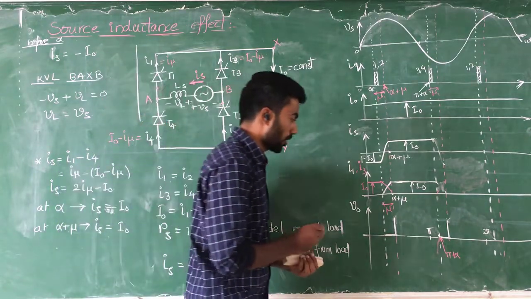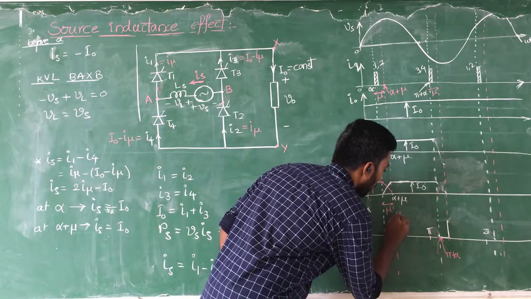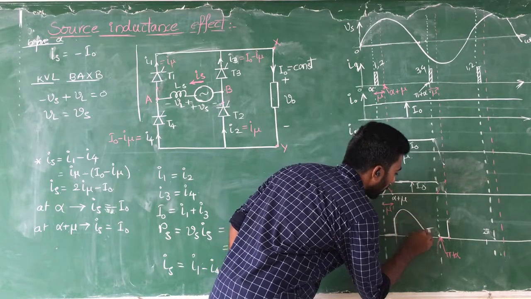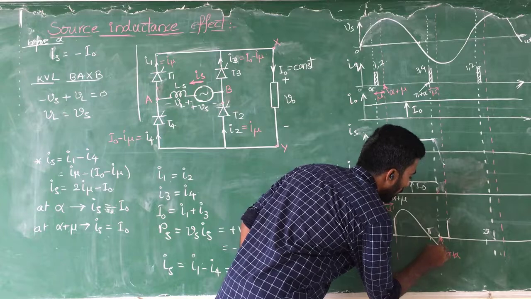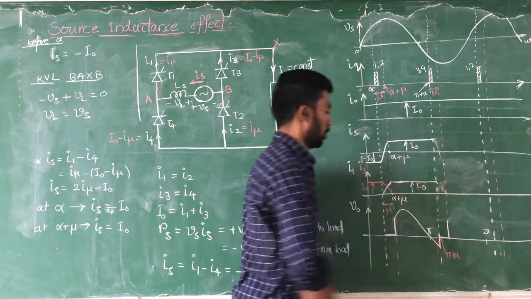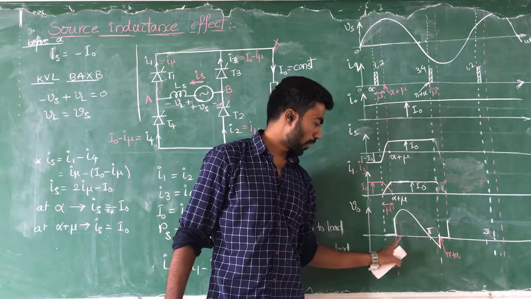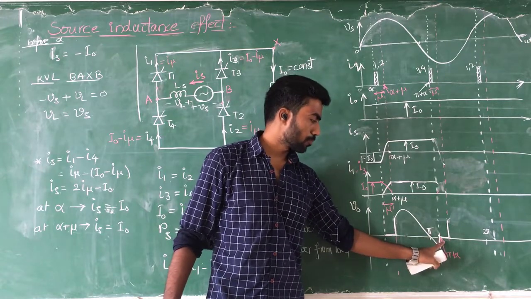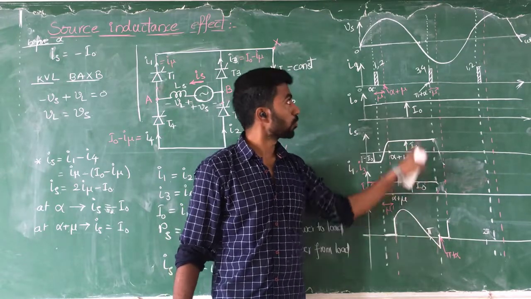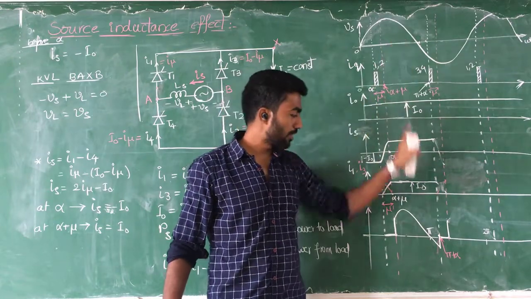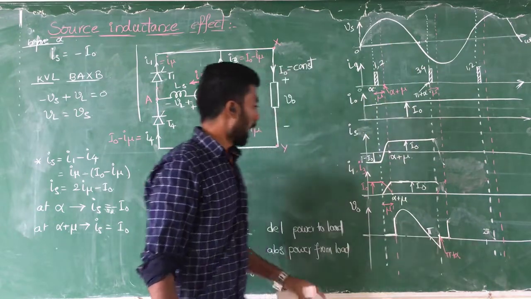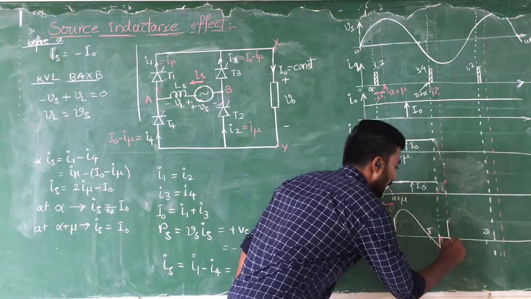Now let us draw that waveform here. From alpha plus mu to pi plus alpha, V naught is the same as the supply voltage. Then the same thing happens again from pi plus alpha plus mu.